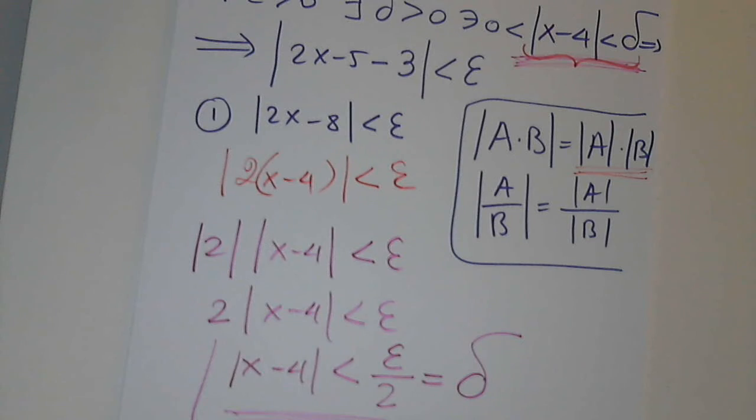Okay, so now I want to discuss a numerical example based on this. If I tell you epsilon is 0.1, give me delta, please. You don't have to calculate, just say 0.1 over 2. If I say epsilon is 0.4, can you find the corresponding delta? 0.4 over 2.